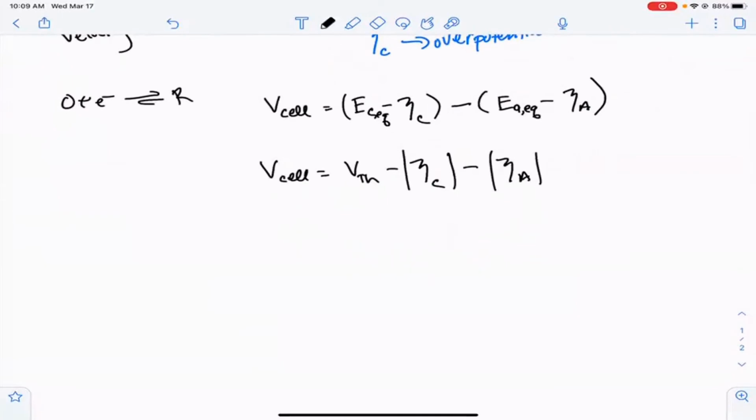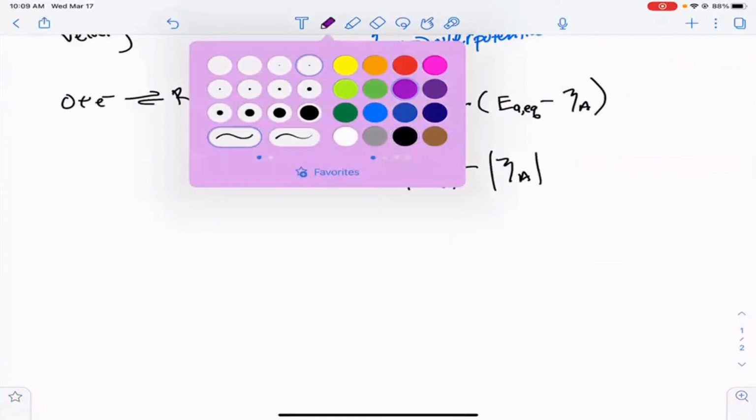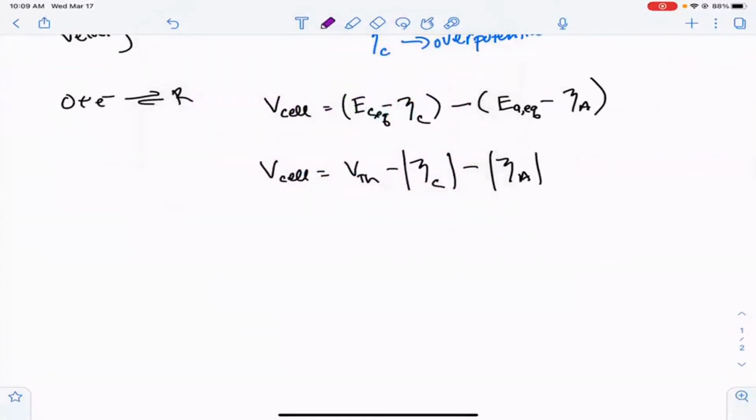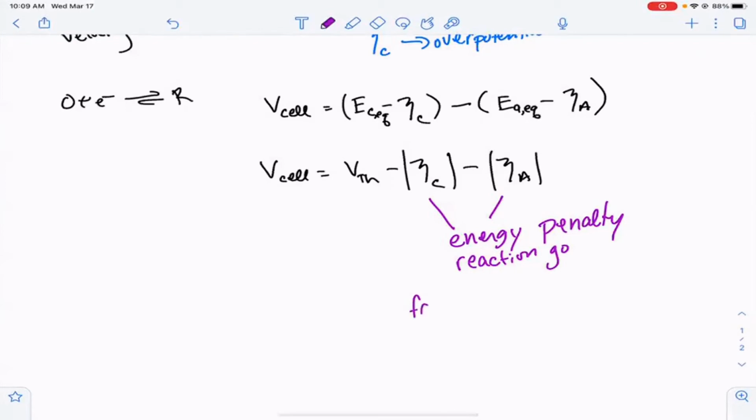So what does this actually mean? To pull current or to force current to go through the electrode, we have to pay a penalty. And this is like the energy penalty to make the reaction go. And that means the faster the rate, the higher the overpotential.